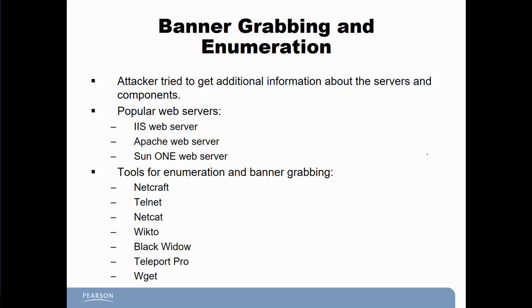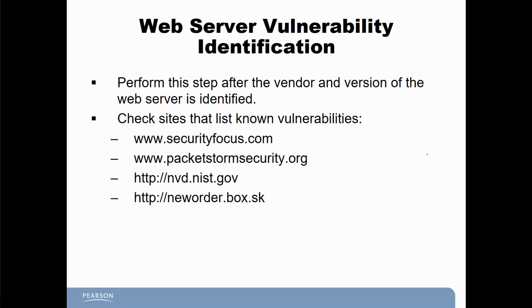All of that's there to help figure out what web server they're running. Are they running IIS? Are they running Apache? Are they running a different form of web server? Because each one of those will allow you to figure out the vulnerability for that web server.